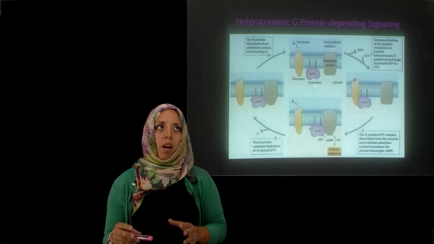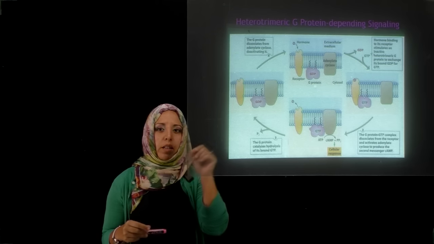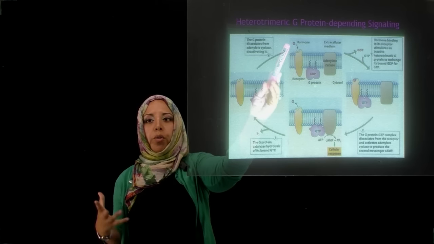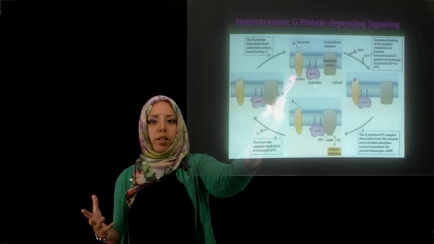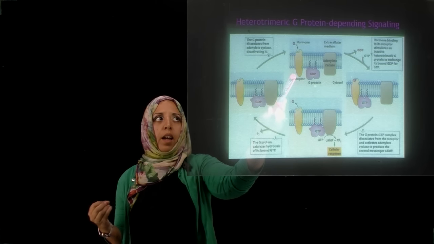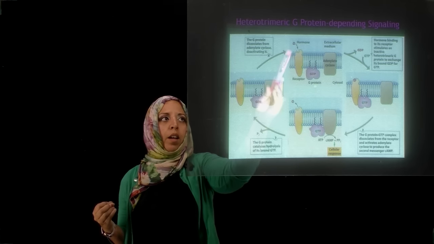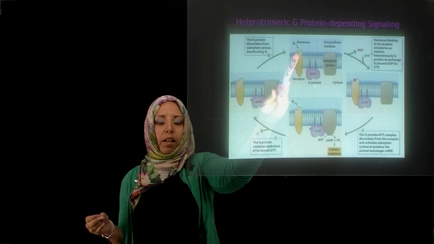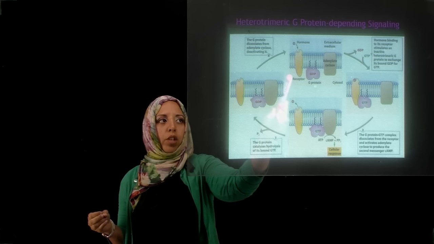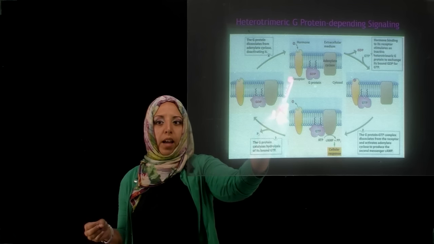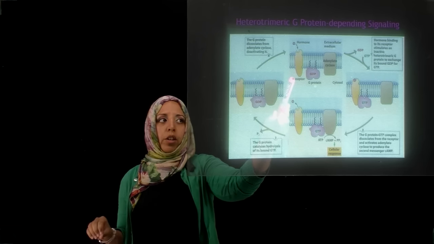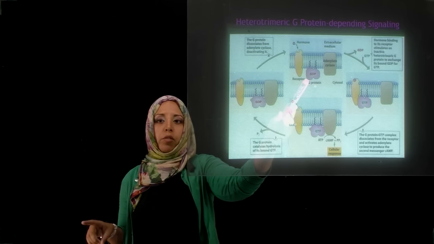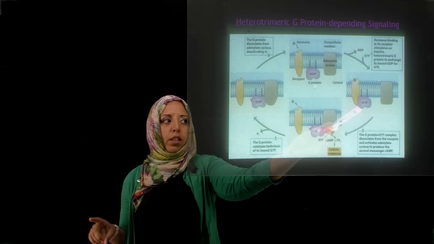So a brief example of how a heterotrimeric G protein signal will go through. If you have a specific hormone or a signaling molecule, and it binds to its receptor, which is a G protein-coupled receptor, meaning that once that signaling molecule binds, the receptor itself will undergo conformational changes within the cytoplasmic end of that membrane, which in turn will trigger the G protein to displace its bound GDP by GTP.